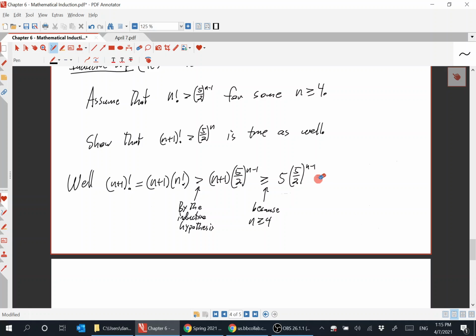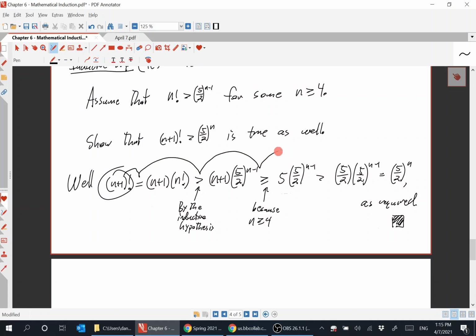And 5 is strictly greater than 5 halves, so this is greater than 5 halves times 5 halves to the n minus 1, which is equal to 5 halves to the n, as required. That's that. So we started with the first expression, and we did equals, greater than or equal to, greater than, equal to. And because somewhere within that chain we have a strict greater than, we're good to go. We get that the first is greater than the last.